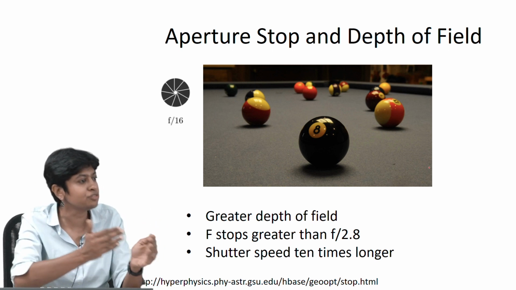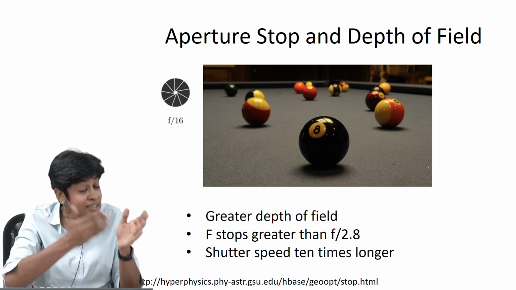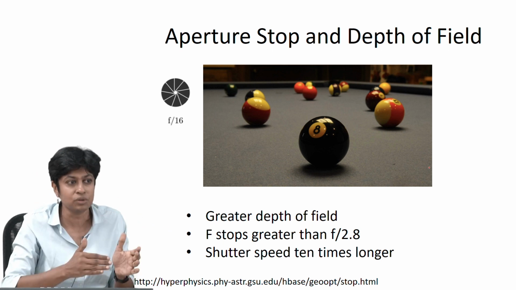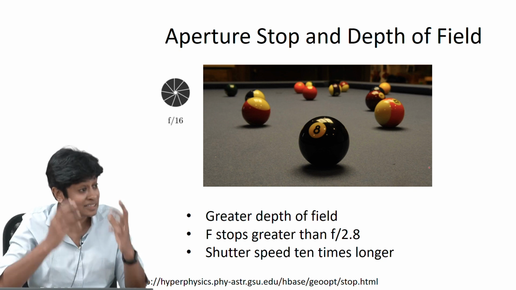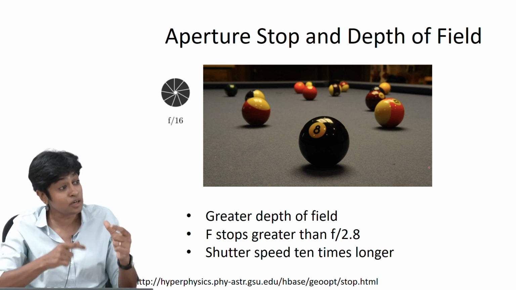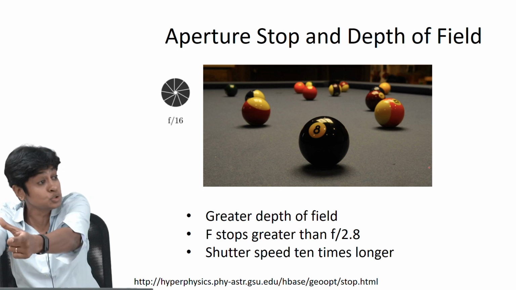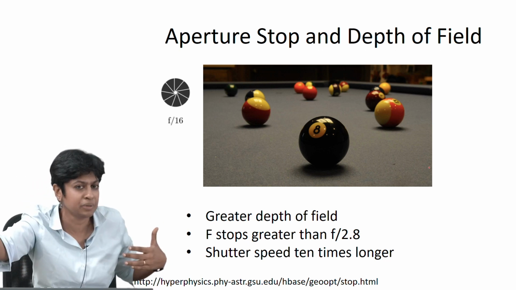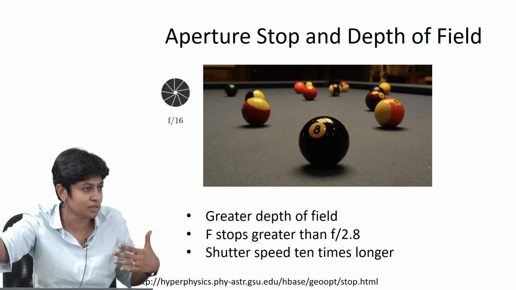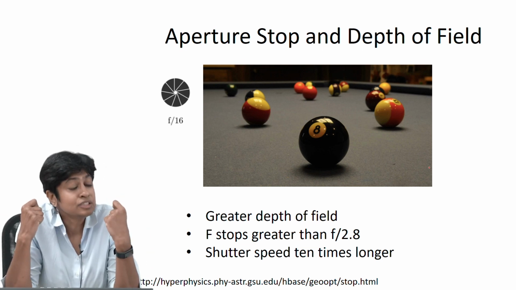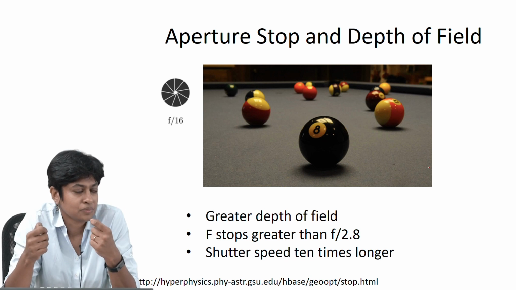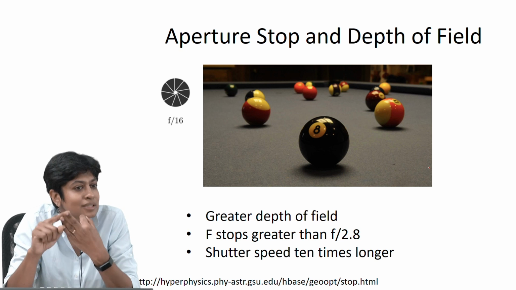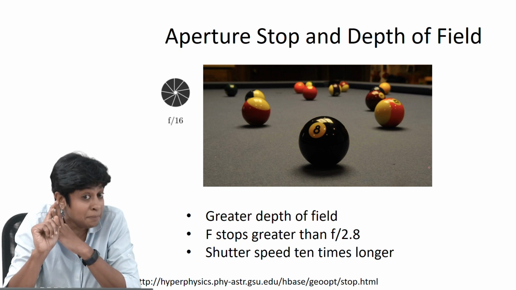And then when they want to shift your focus somewhere else, they either change the focal position and they still have a shallow depth of field, but they've changed the entire focal setting so that the shallow depth of focus is now shifted to somewhere behind, or they change the setting so that everything becomes in focus, right? So you can play around with depth of field and depth of focus simply by changing the aperture stop dimensions.